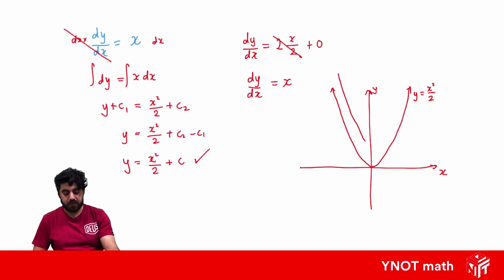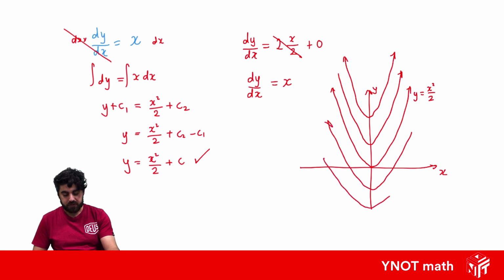This would be y equals x squared on 2 plus a constant. This would be another one with a bigger constant. This would be one with a negative constant. And all these equations satisfy the initial differential equation.